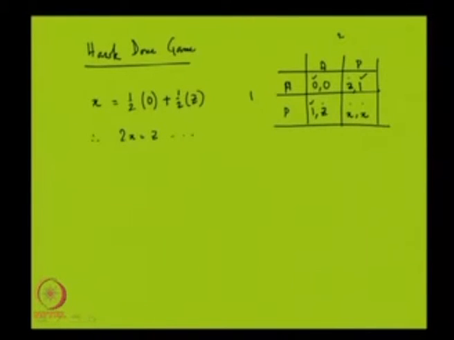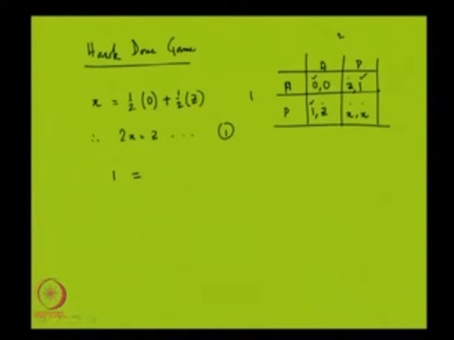So this is one condition. What is the second condition? Each player is indifferent also between the outcome in which she is passive and the other player is aggressive. If I am passive and the other player is aggressive, I get 1.